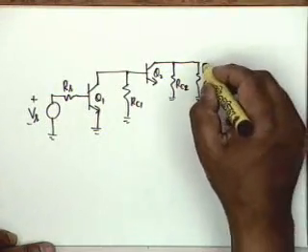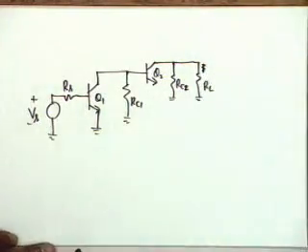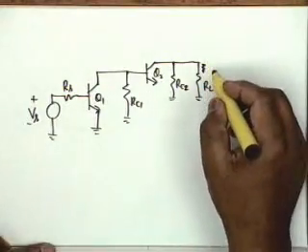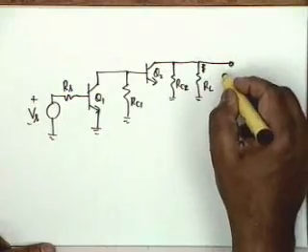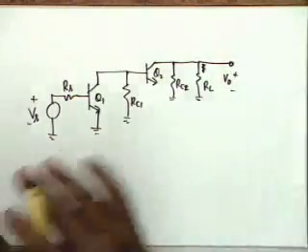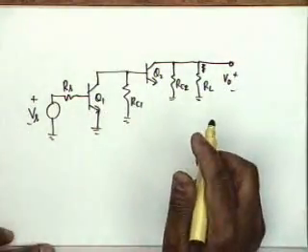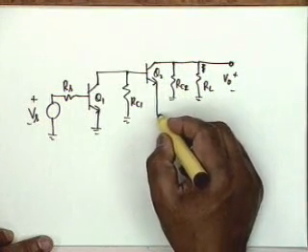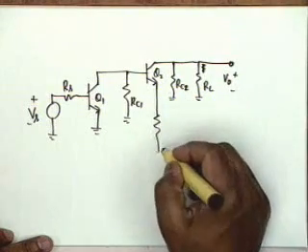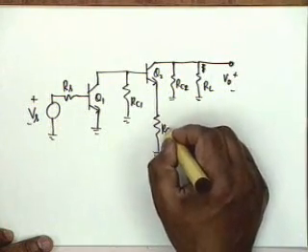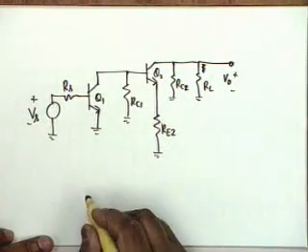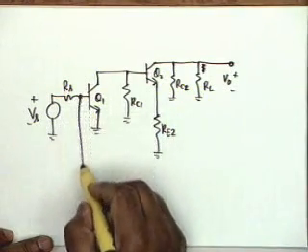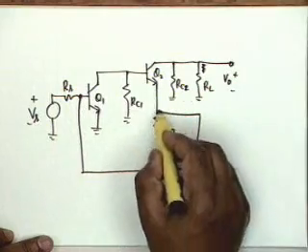I won't show the current yet because we want to identify it. This is the RL and the voltage across this, naturally we want a voltage at the output. And the Q2 emitter goes to a resistance Re2, and feedback is applied like this from here to here.